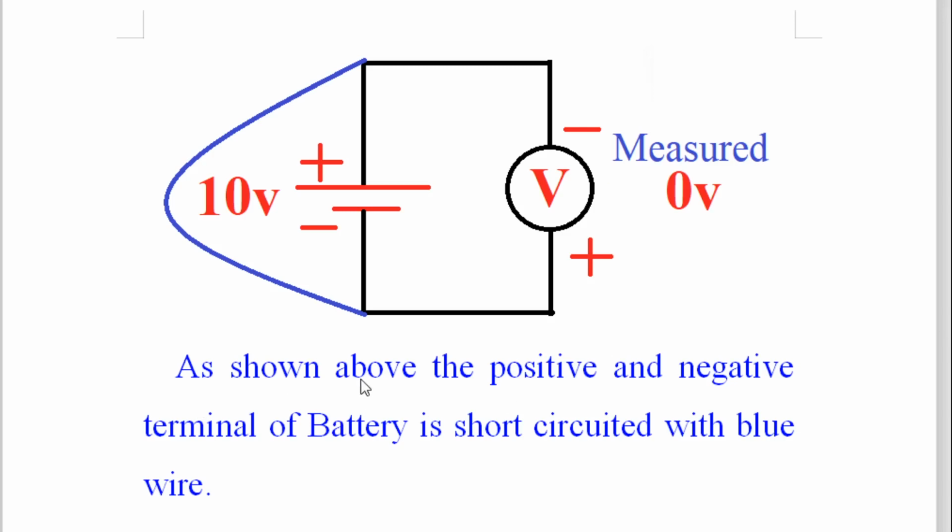So as shown in the above diagram, the positive and negative terminal of battery are short circuited with blue wire, and voltage between two short circuit terminal is always 0.